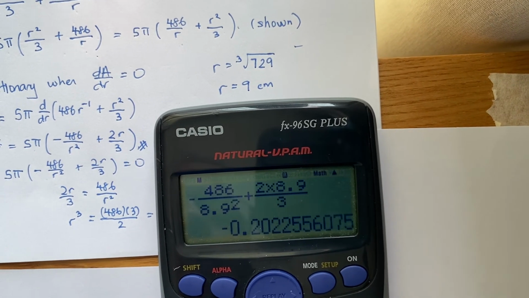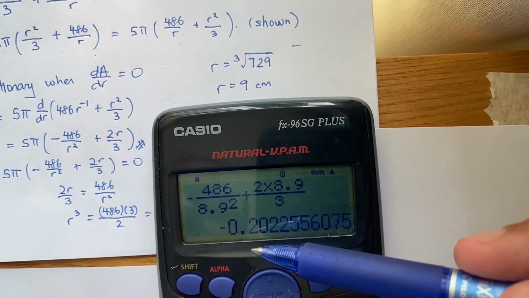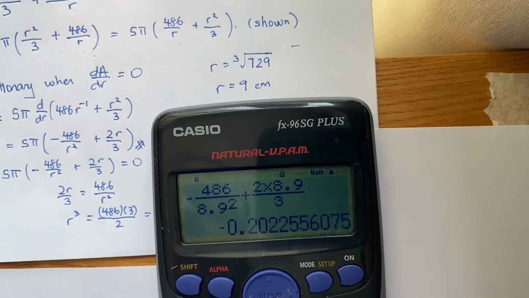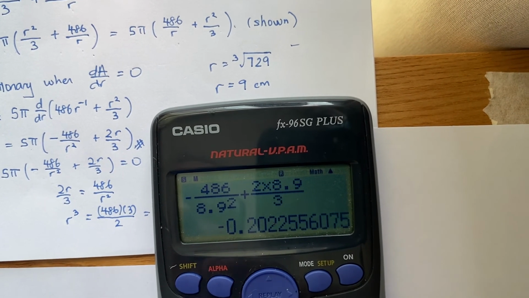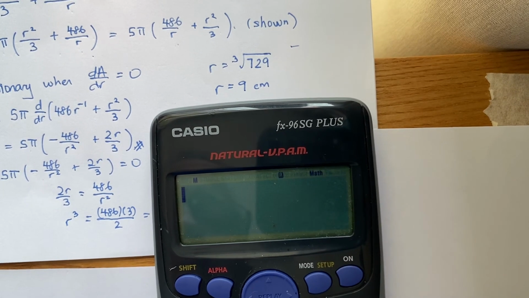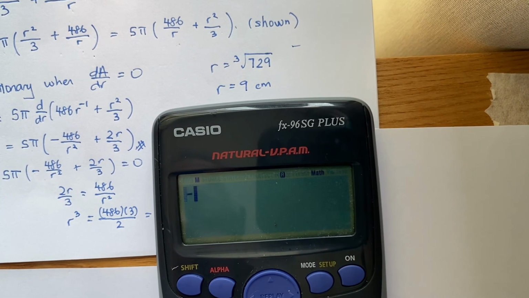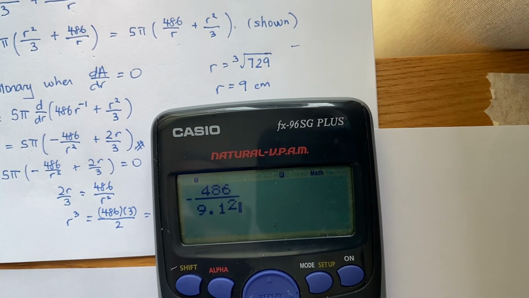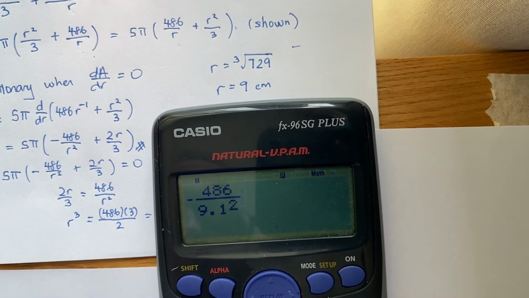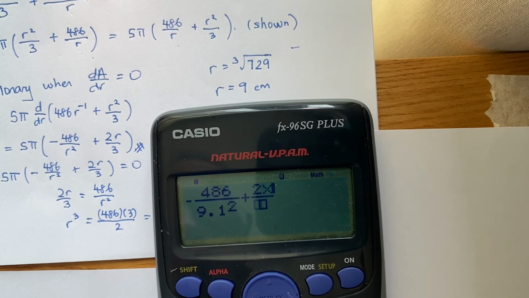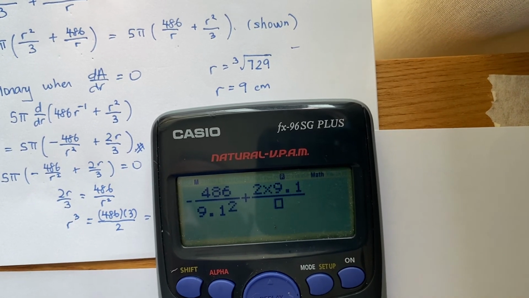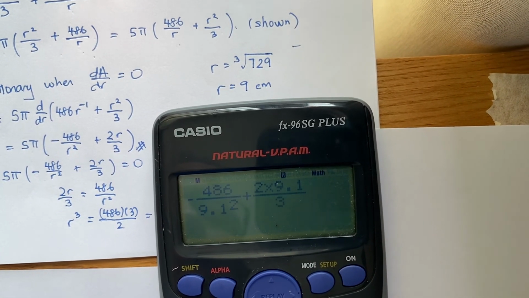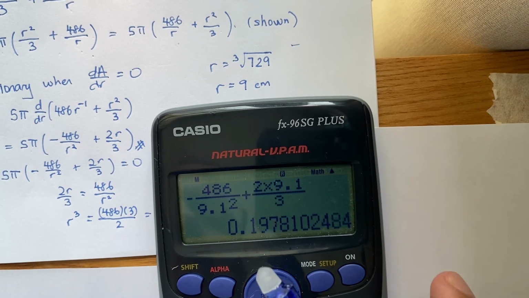I'm going to get a negative value here. Again for 9.1: minus 486 over 9.1 square plus 2 times 9.1 divided by 3. I'm going to get a positive value.